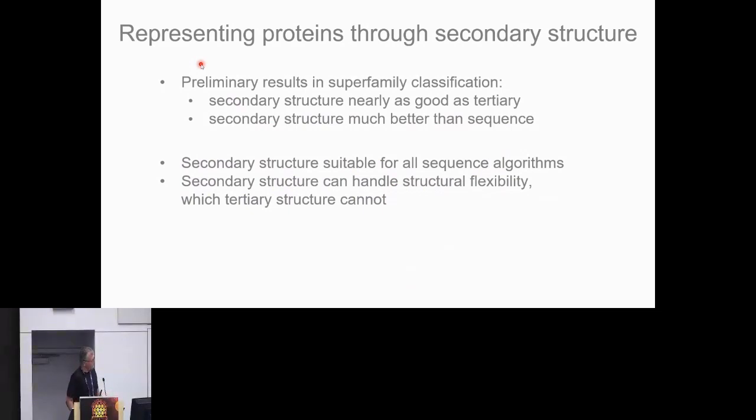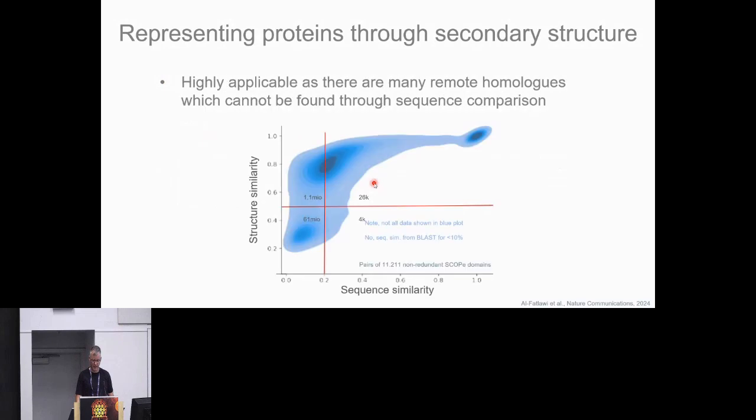And the beauty is that secondary structure is suitable for sequence algorithms. So you can just take your standard BLAST. And in contrast to tertiary structure comparisons, it can handle the structural flexibility, this bent set of strands that matches a straight set of strands. And so there's a slight edge.